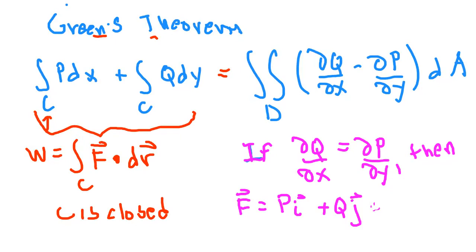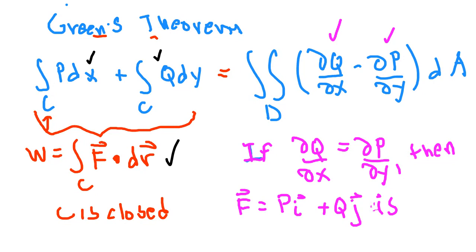By the way, I'll mention the fact that the sum of these two line integrals being equal to the work, we proved that. We actually proved that last week. But let's focus here. I want to know, in the case that the partial derivative of q with respect to x equals the partial derivative of p with respect to y, what can we say about our vector field F?